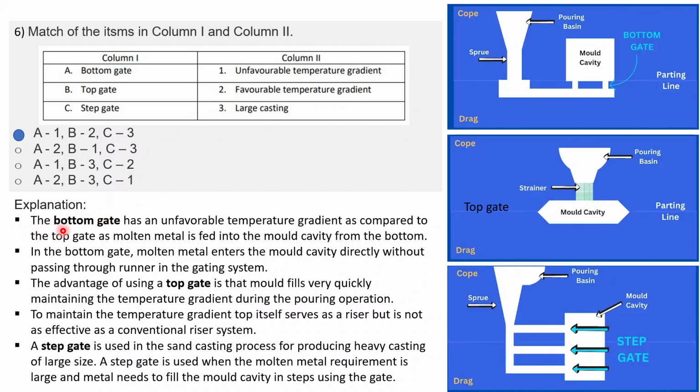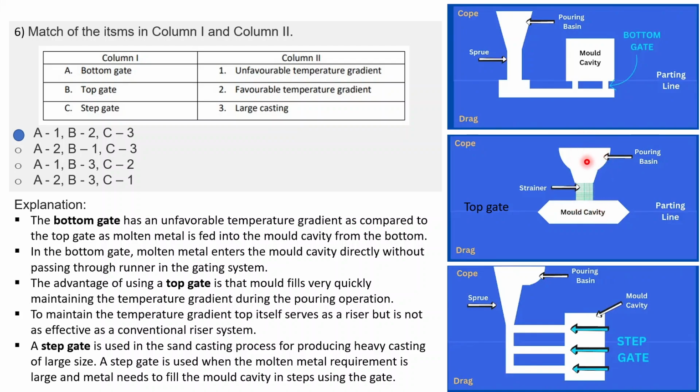The definitions for these gates are given here, and their figures as well. In case of bottom gate, you are using this pouring basin and sprue, and after that you are feeding your metal from the bottom gate to the mold cavity. In case of top gate, your sprue and all these provide metal directly to the mold cavity.